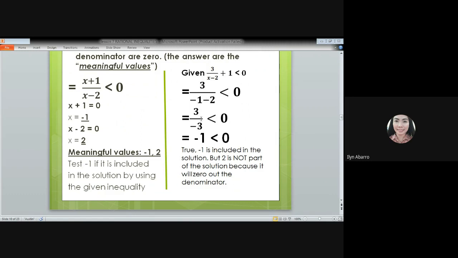So 3 over negative 1 minus 2 is negative 3. So 3 over negative 3 is negative 1. Is that less than 0? Of course, negative 1 is smaller than 0. So it is true that negative 1 is included in the solution. So negative 1 is part of the solution, but 2 is not, because it will zero out the denominator, and that is not allowed.